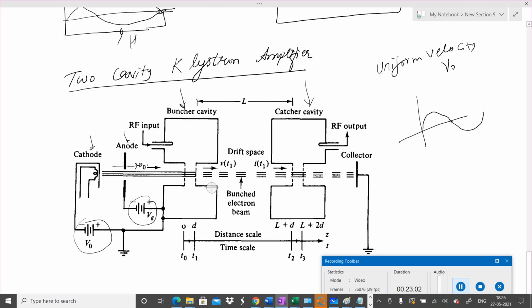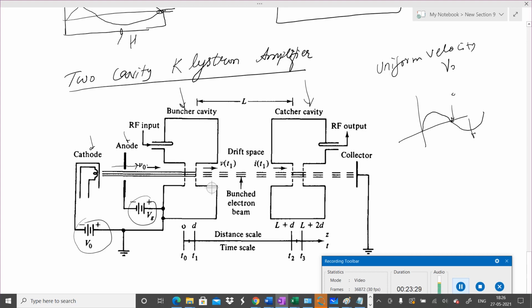When the gap voltage is 0, there will be no change in the velocity of electrons. They will pass through this cavity as it is. But when the gap voltage is positive, the electrons will accelerate, the velocity will increase. And when the gap voltage is negative, the velocity of electrons will decrease.